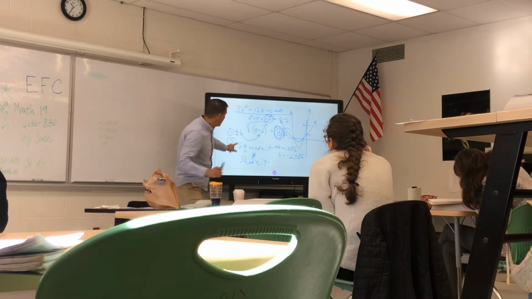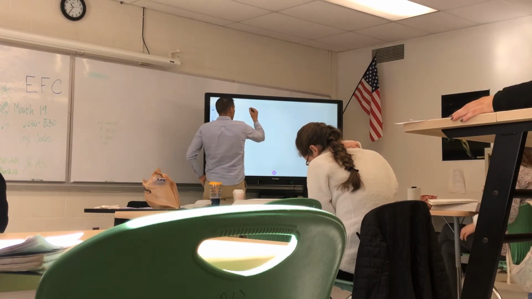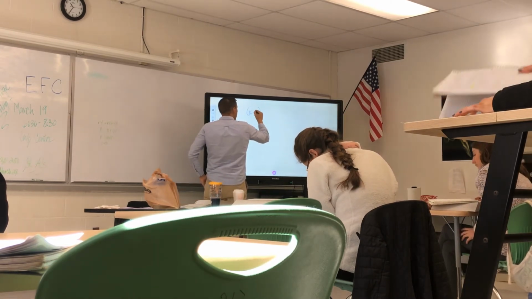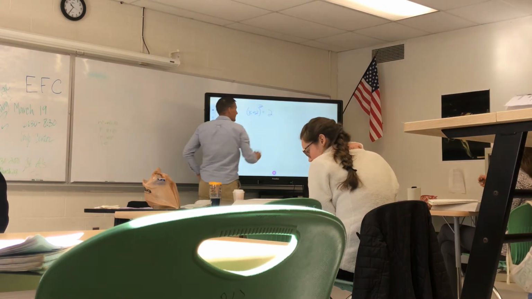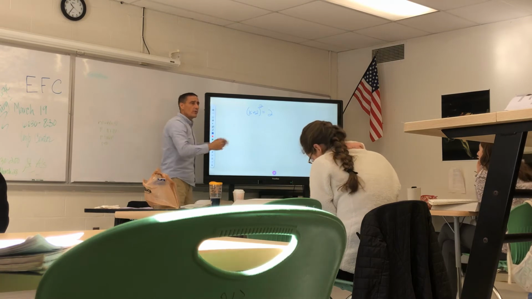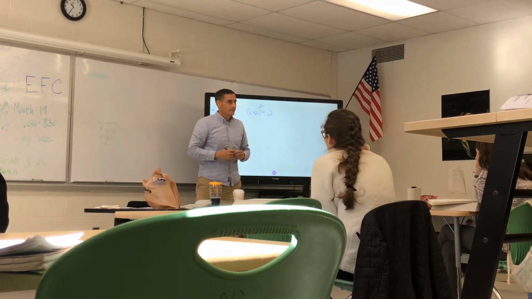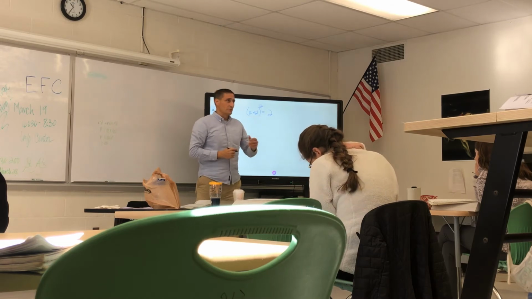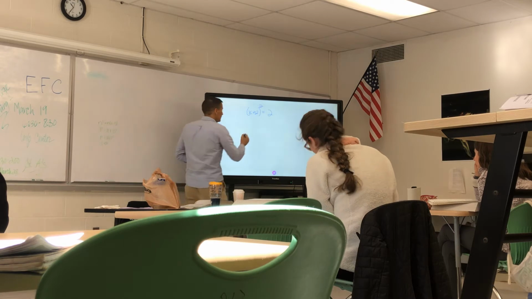Let me get rid of this big mess. What we did was we had this, and then we took the square root of both sides because we were looking for the roots. What if we wanted vertex form?